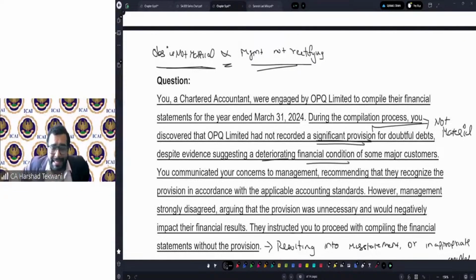So in this scenario, what I will do is simple. I will issue in my factual findings the details about the error. It means I will not withdraw; rather I will provide the details of the factual finding in my observation. Remember, I do have a section for the factual findings. So if this is not material, I can specify this error in my factual findings and I can still issue the report. Simple. Compile, issue the report, and mention the factual findings, which should contain your error. Straightforward.